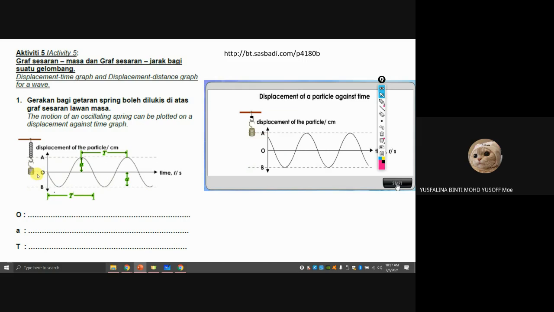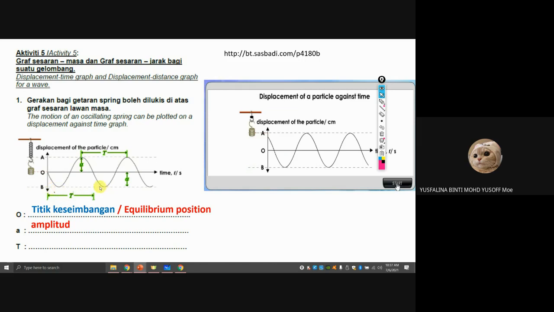So let's see. O is what? O is the equilibrium position. And A is what? A is the amplitude. And the T here is the period. You can get the period from the two semicircles here, or from crest to crest, or from trough to trough.